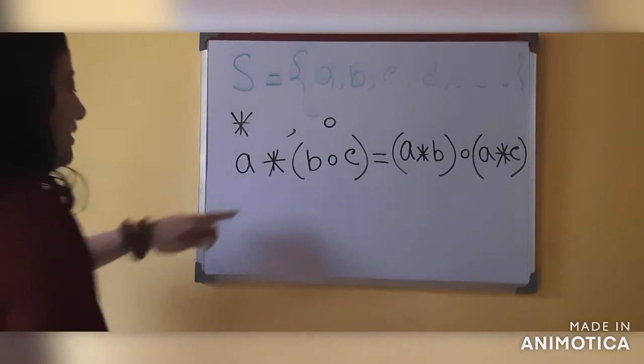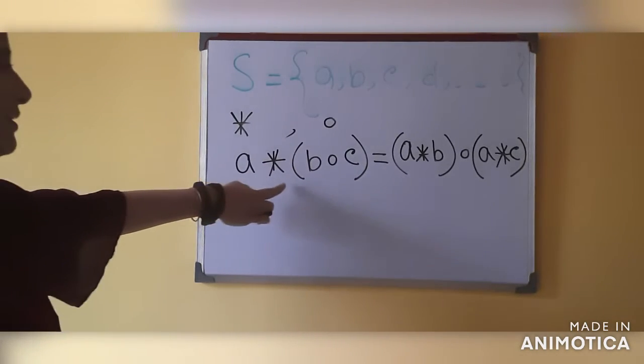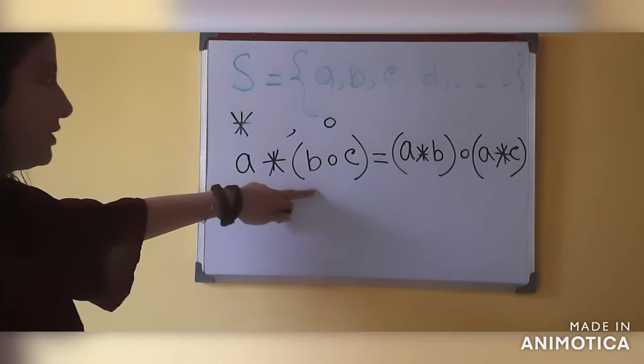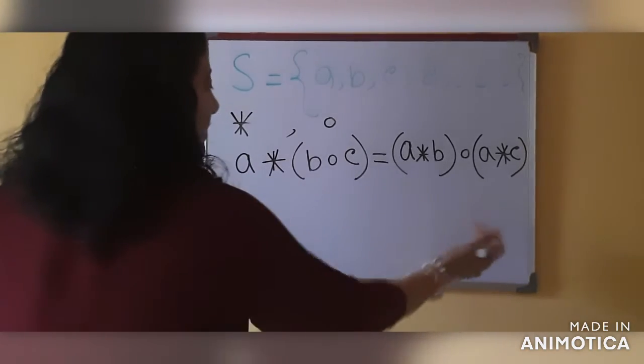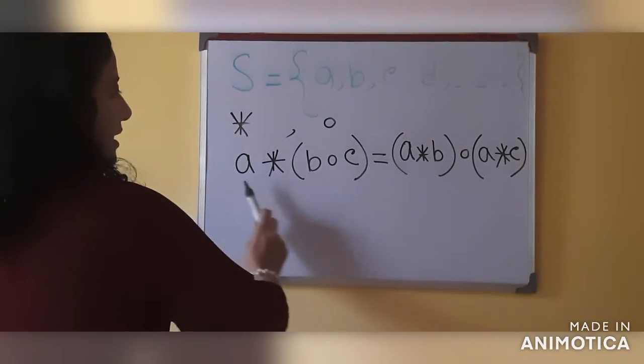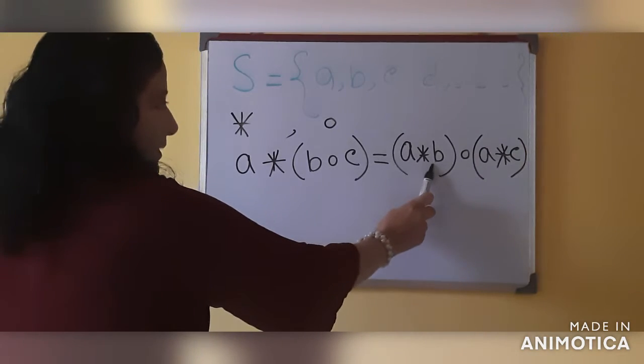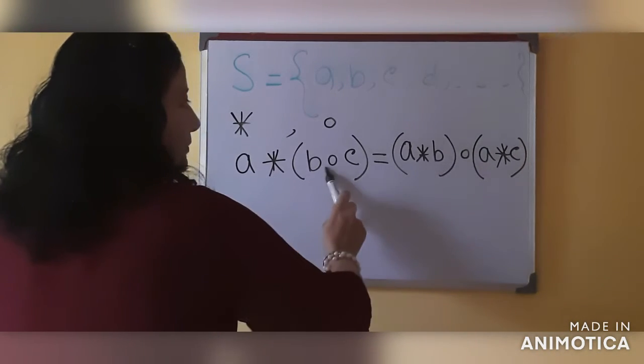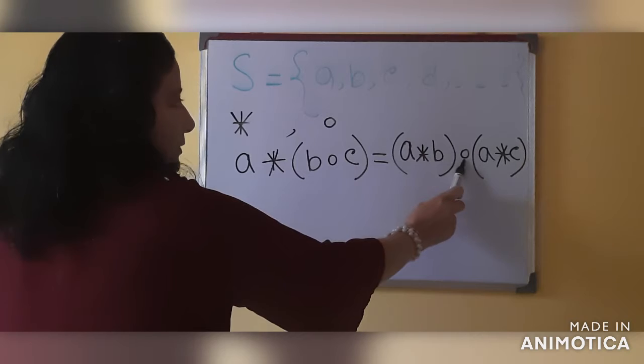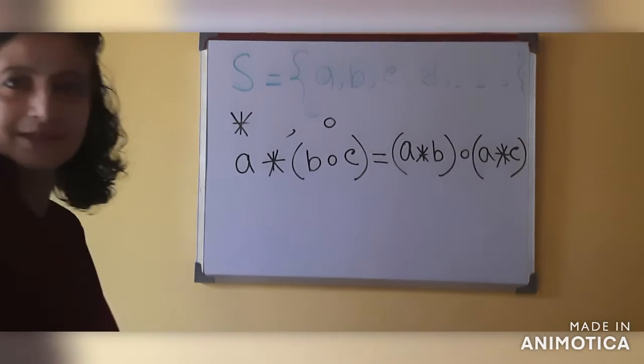This asterisk sign means this binary operation, and then this operation. And then on the right hand side, I just distributed this A with B, and this composition is here in between, and then A asterisk C.